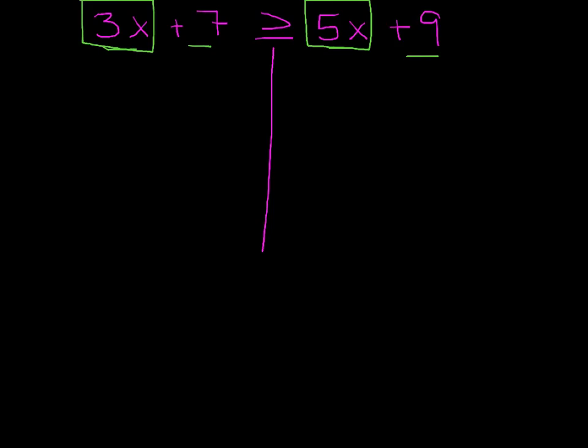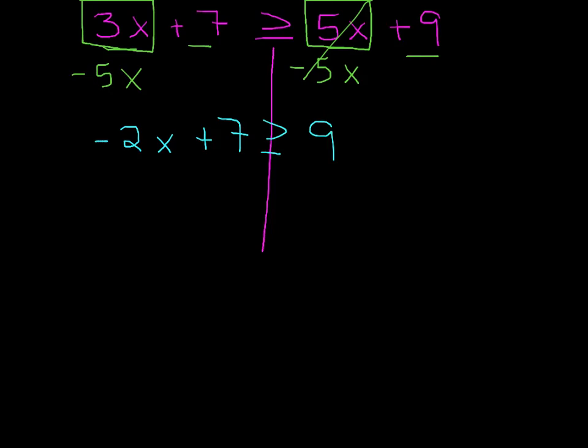In inequalities, I usually just always bring it to the left, because we always want our variable on the left. So negative 5x, negative 5x leaves us with negative 2x plus 7 is greater than or equal to 9.